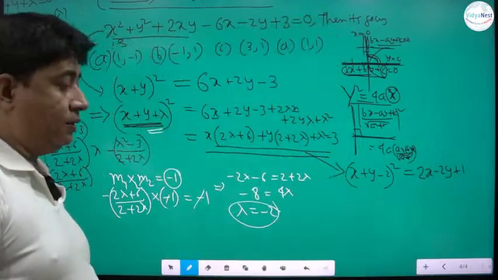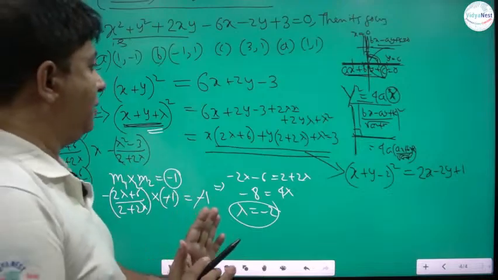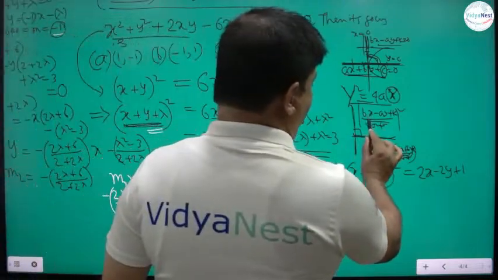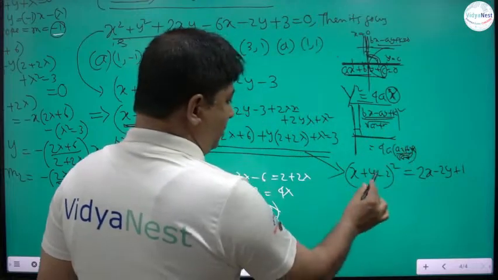Okay, see, gradually it is coming to a standard formula. See, this is a straight line, distance formula by root a square plus b square.